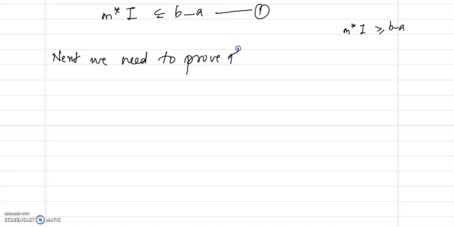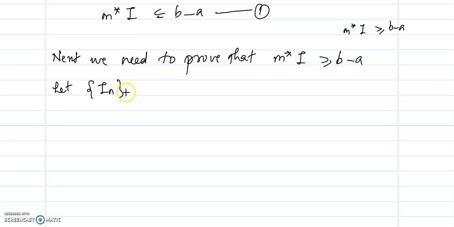So we need to prove that m star of I is greater than or equal to b minus a. We will prove that using the definition of m star as follows. Let us consider the sequence In.